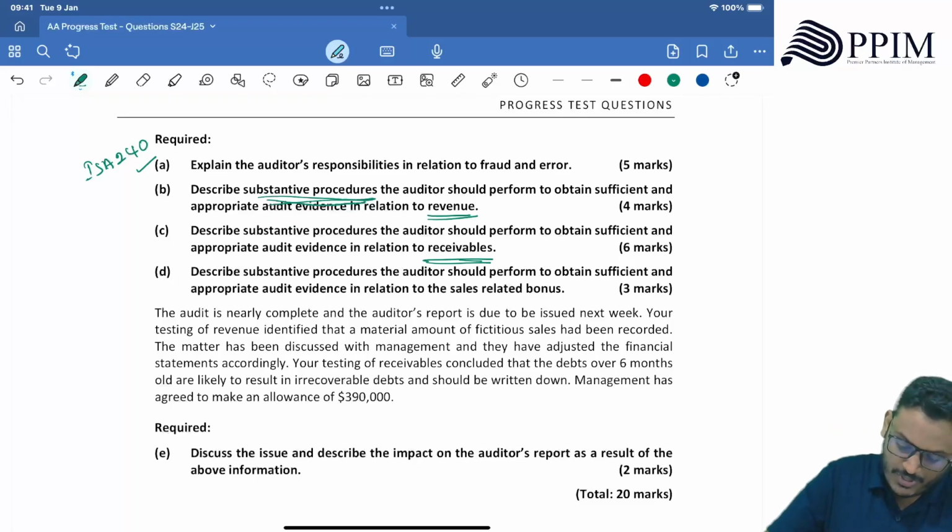Describe substantive procedures over sales related bonus. Sales related bonus, how are we going to verify?